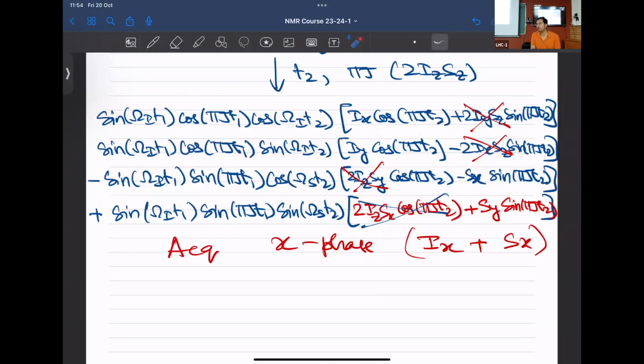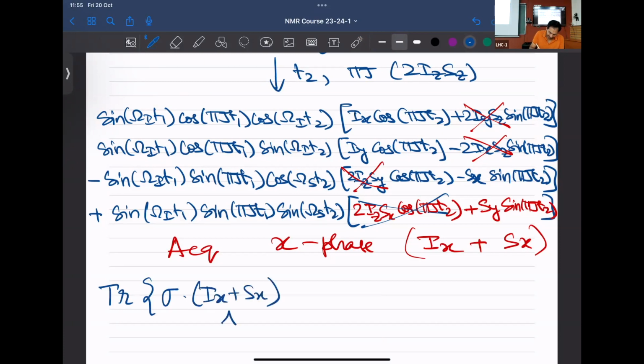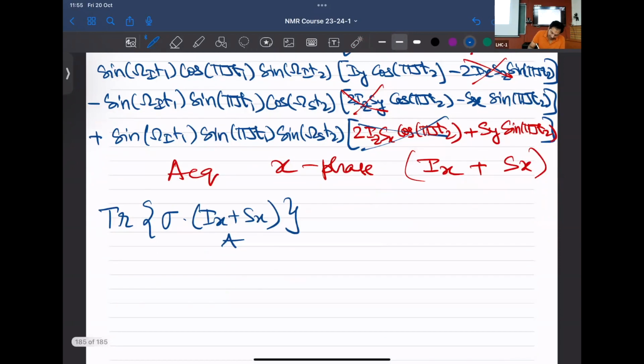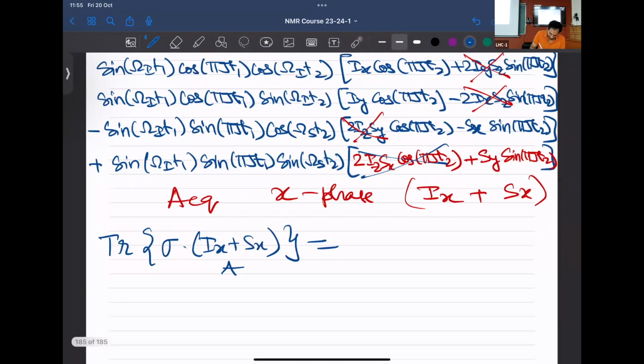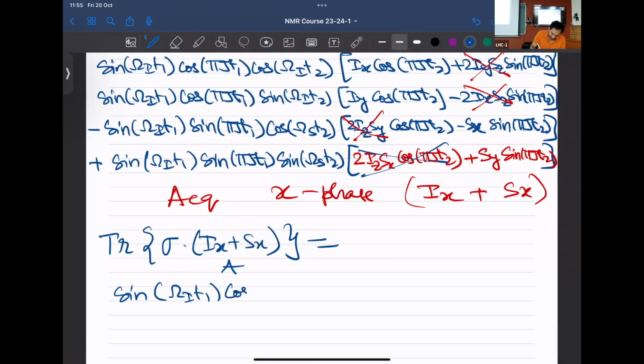Do you guys agree with that? So what am I trying to say? The trace of my final density matrix with Ix plus Sx being the observable operator is only going to give me, is equal to, sine omega I t1 cos pi J t1 cos omega I t2 cos pi J t2.